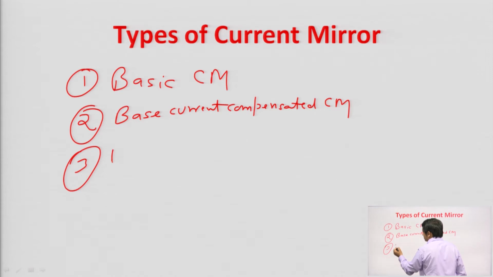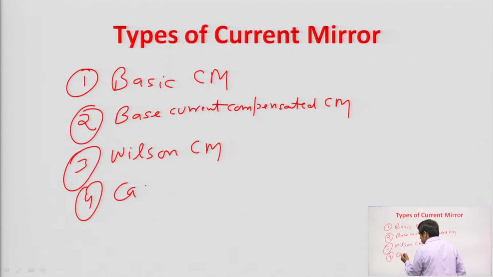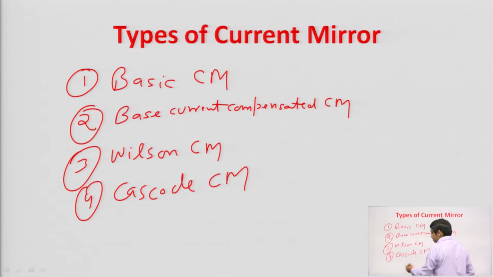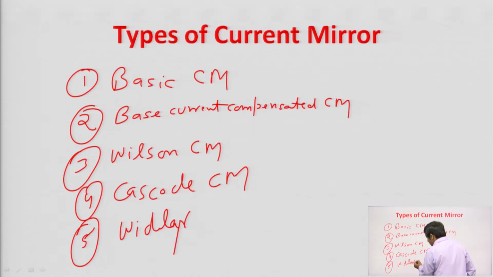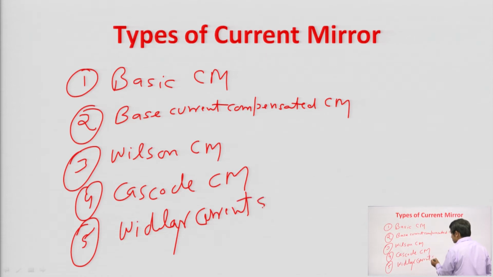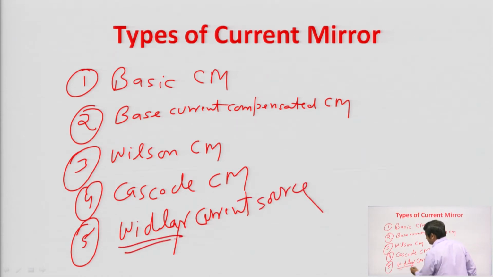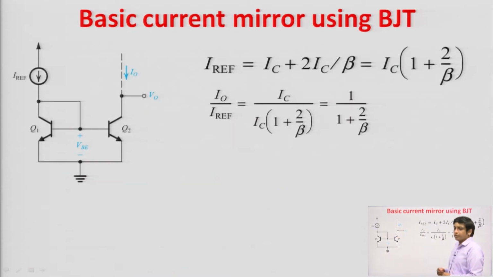Another one is the Wilson current mirror, cascode current mirror, and one more, normally we say it is a current source, that is the Widlar current source, right. There are other types of current mirror also, but we will be restricted to only these current mirrors. So, starting with the basic current mirror, firstly I am going to discuss the basic current mirror using BJT.